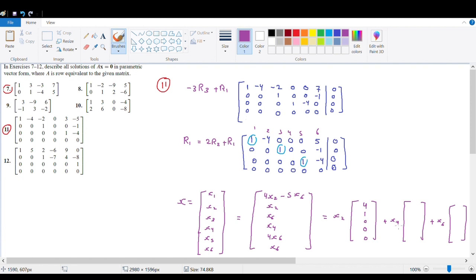The coefficient of x4 is 0, 0, 0, then 1, 0, 0. Then the coefficient of x6 is minus 5, 0, 1, then 0, 4, 1. So this is the parametric form of the solution of exercise number 11.